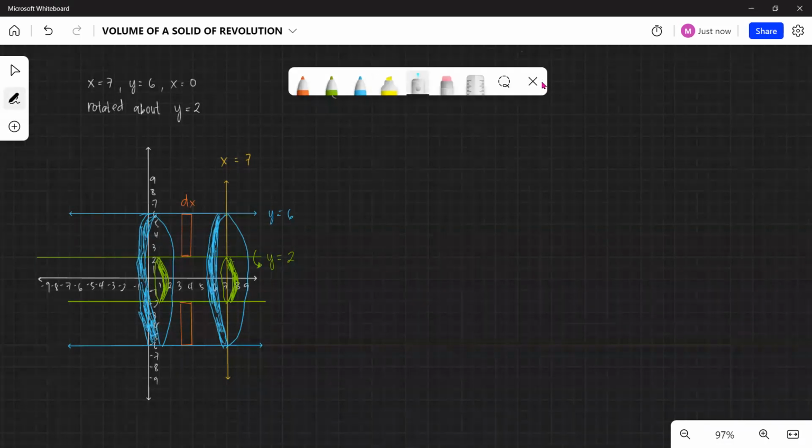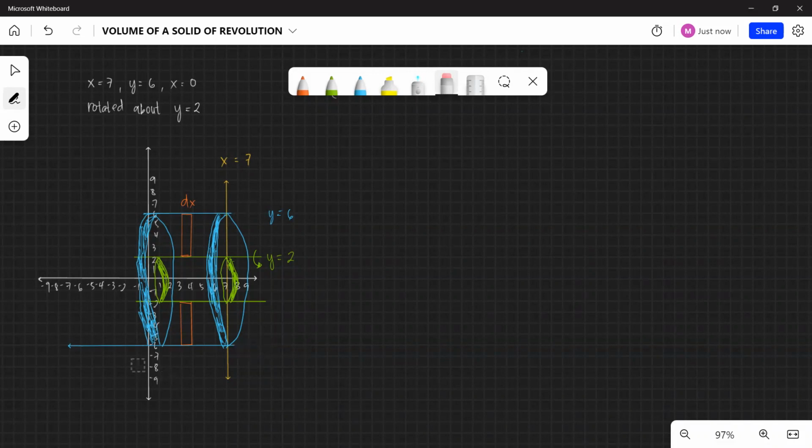I don't know if you can imagine it. Let me erase this part so it's clearer. Again, drawing the solid of revolution is not necessary. This is for visualization purposes. That's why I draw many lines, so the shape is clearer.